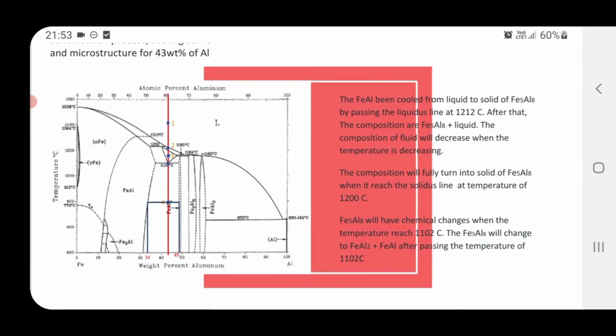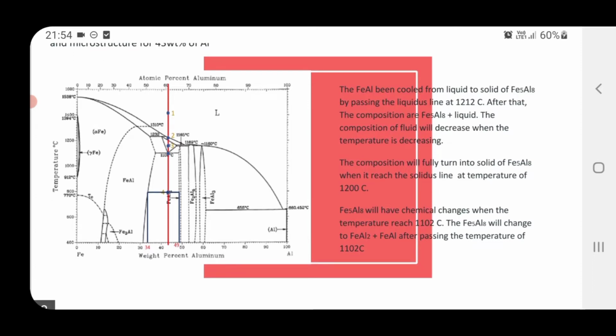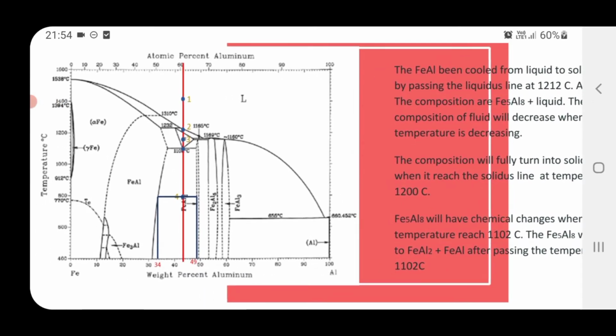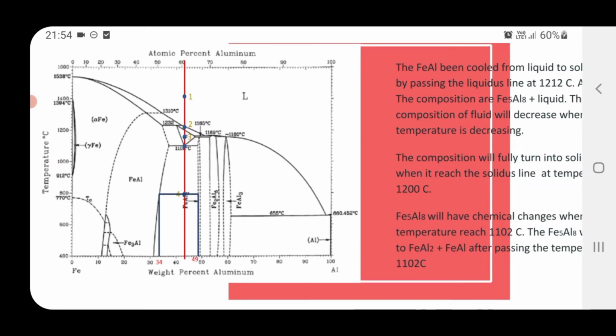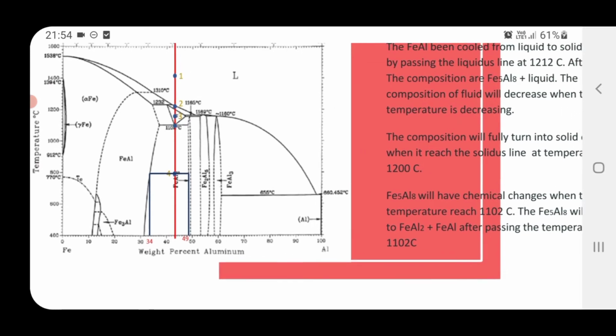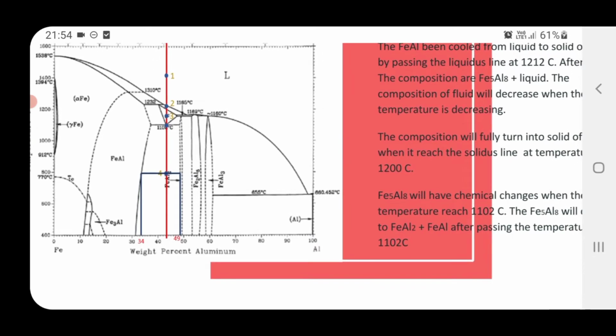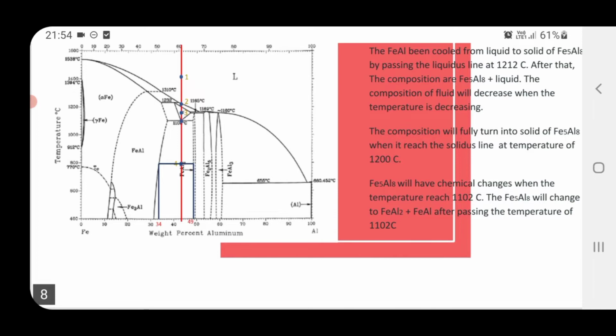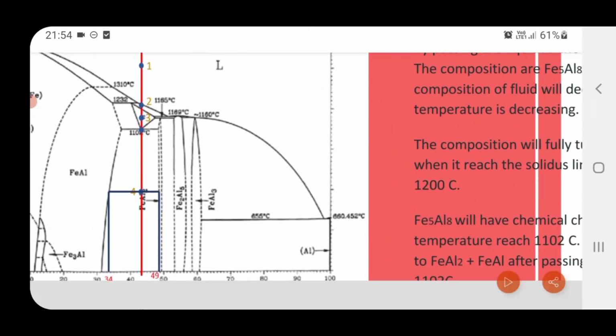We can see the FeAl alloy has been cooled down from the liquid until it reached the temperature of 1212, and will become Fe5Al8, which we can see at point 2, with a measure of liquid, but the liquid will decrease with the decreasing of the temperature, and it will become fully Fe5Al8 at around 1200 degrees Celsius, which we can see at point 3.